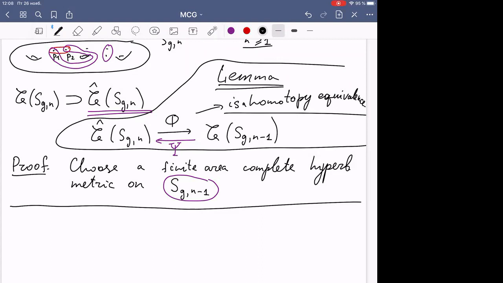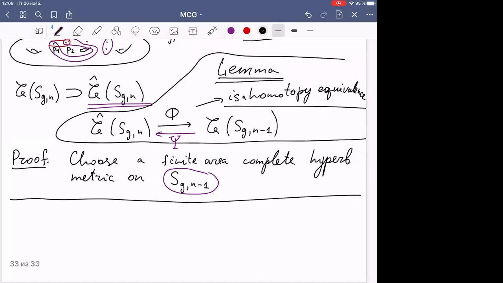And now the trick. Well, first of all, once we have such a metric, we may look at this curve complex. Usually we say that in the curve complex, vertices correspond to isotopy classes of simple closed curves. Once we have a hyperbolic metric, we may say that vertices correspond to simple closed geodesics.